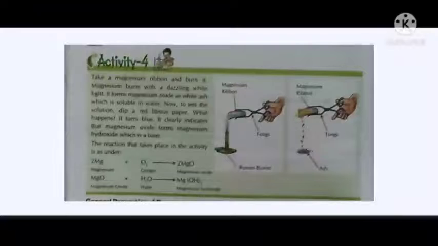What will the reaction be in this activity? 2Mg plus O2, magnesium plus oxygen, gives 2MgO, magnesium oxide. Then we added water to the magnesium oxide, so MgO plus H2O gives Mg(OH)2, magnesium hydroxide. Here we did 2 reactions. First, we burned the magnesium ribbon in the air and got magnesium oxide. Then we dissolved the magnesium oxide in water and it turned into magnesium hydroxide, Mg(OH)2.